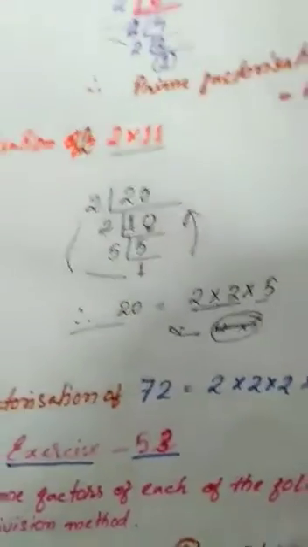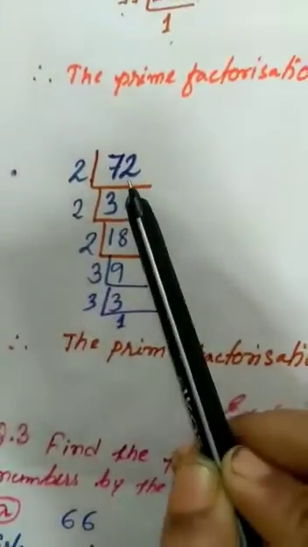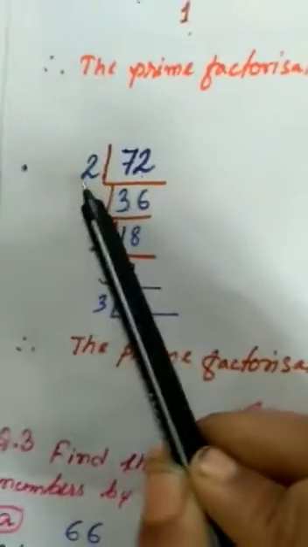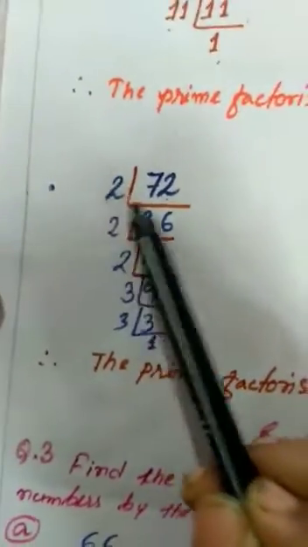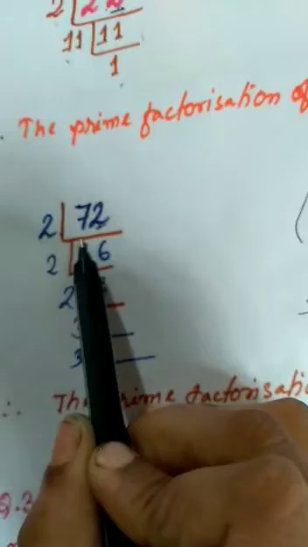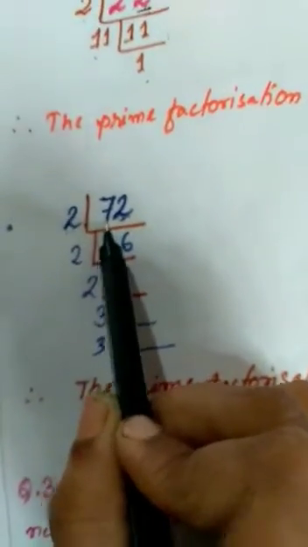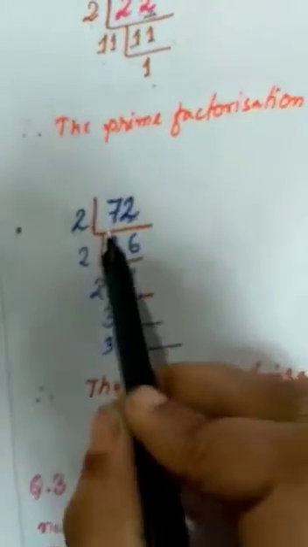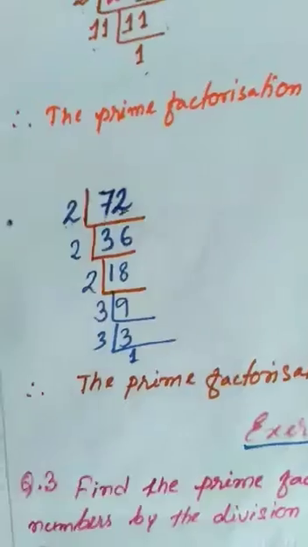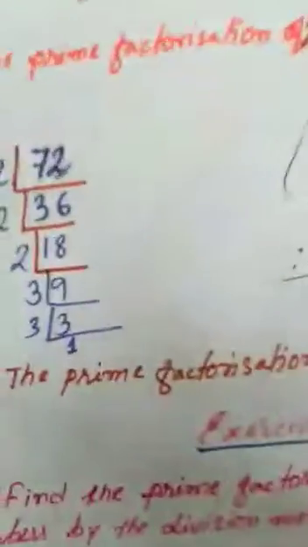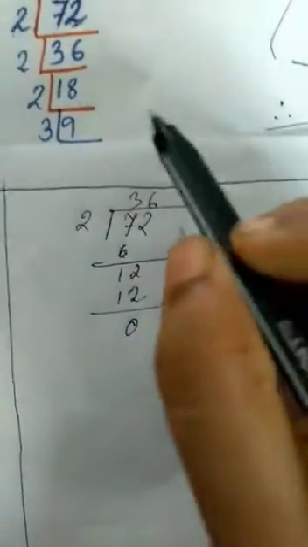Alright children, in the same way we will do one more, 72. How can we separate it? We can start dividing by 2 as the ending number is 2. 2 threes are 6, then 1 remains and 1 plus 2 is 12.